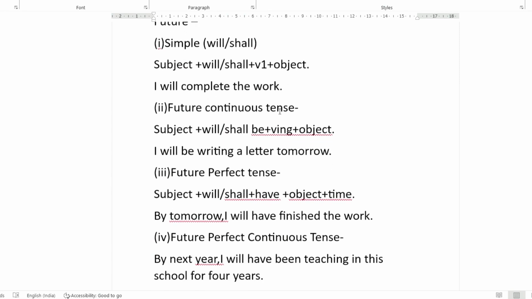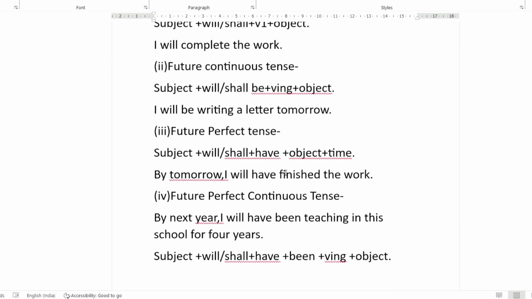So simple future means an action will take place in the near future. Subject will, shall, V1 and object. Future continuous means the work will continue for some time in the near future. Subject will, shall plus be plus VING plus object.